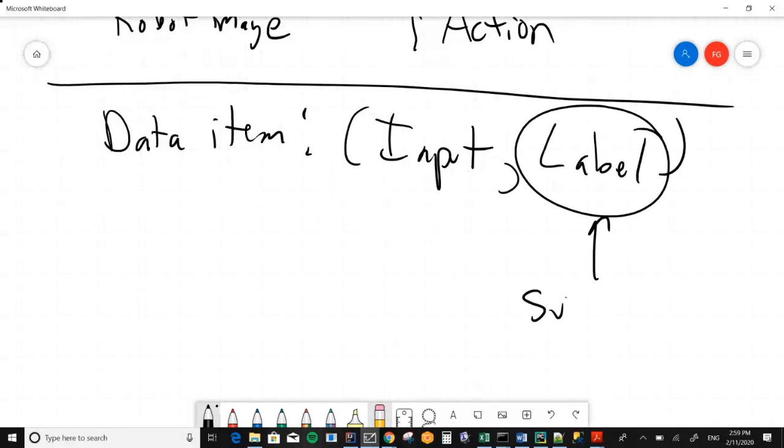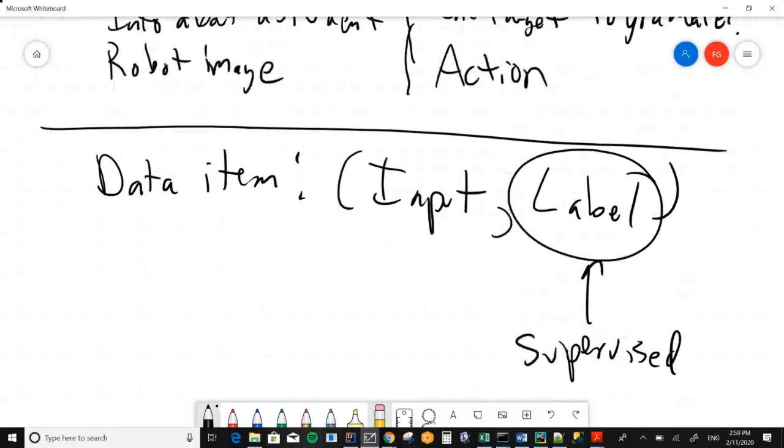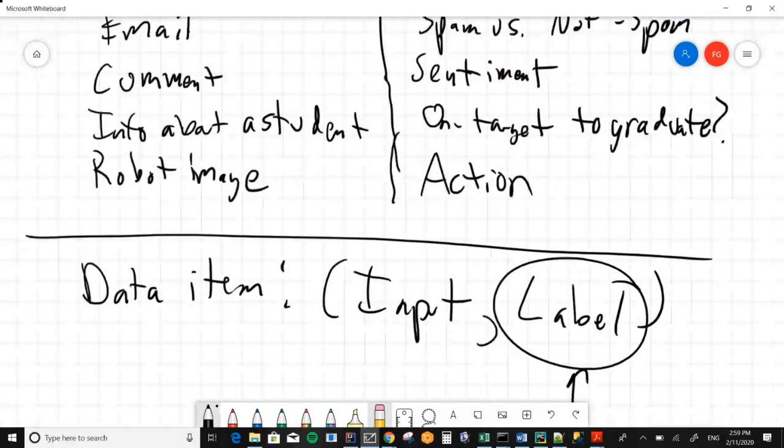And this is where the supervised part comes into play. One way or another, one must construct a data set in which you have a large number of sample inputs, and for each of these sample inputs, you've associated a label, the category to which it belongs in terms of the categories that you're trying to predict.